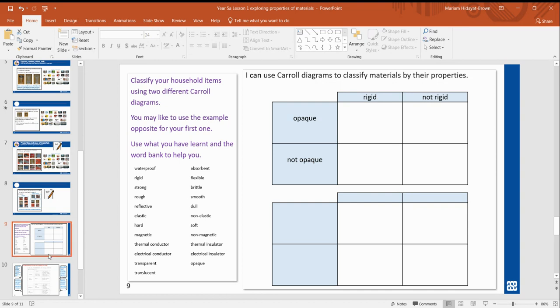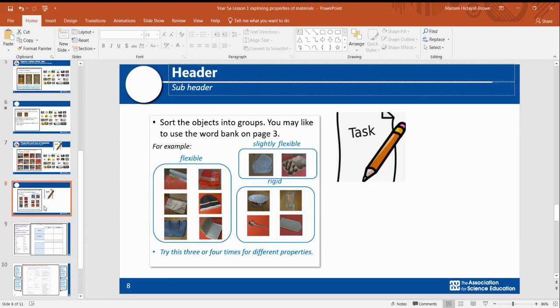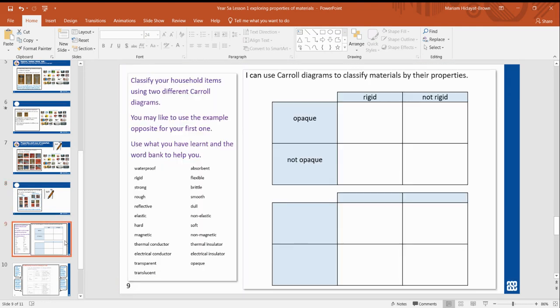So if I was to go back to the objects that I have here, I'm looking at the objects which are rigid. So this would be my china bowl, for example. I would then put my china bowl in rigid, but because my china bowl is also opaque, I cannot see through it, I would have to put my china bowl in this box here.